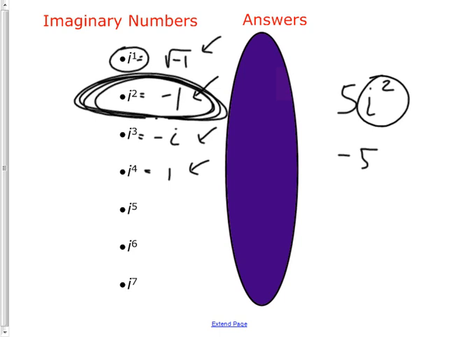It's different every time. But now it's going to start cycling back, I think. Would you agree i to the fifth is the same as i to the fourth times i? And what's i to the fourth? 1. So it's really 1 times i, which is really i. So i to the fifth is actually equal to itself.